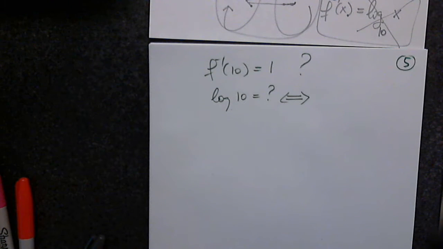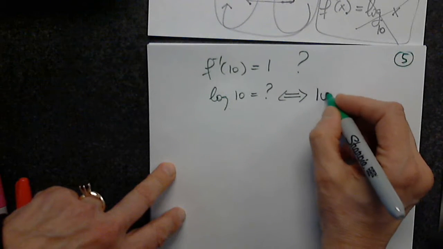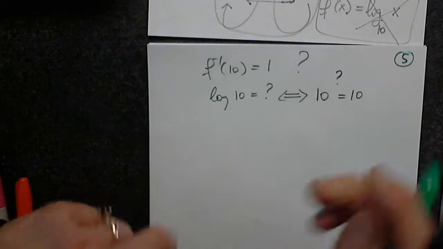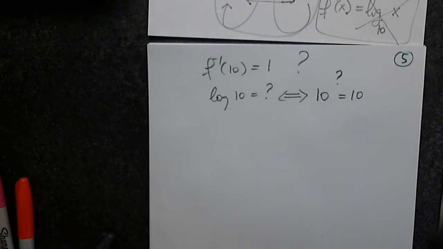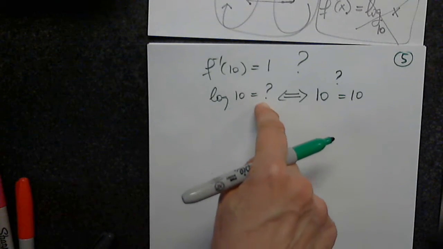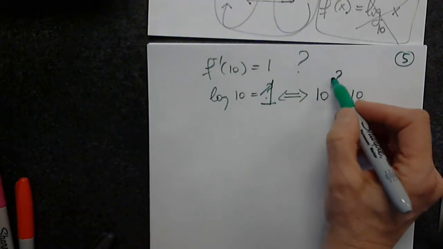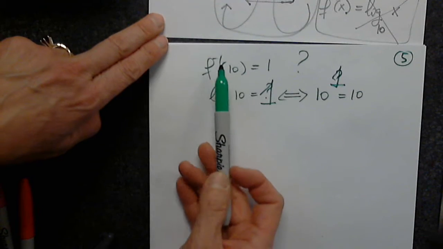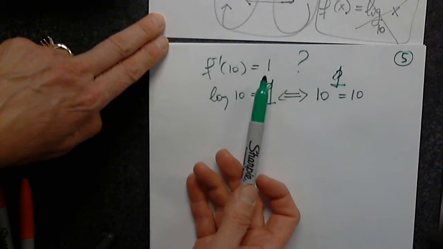Okay, so 10 raised to whatever is 10. So I'm going to write that because I don't know how to solve this. But I'll say, let me change it into an exponential equation. And now you will clearly tell me what the number should be. What? Yes. So indeed, f inverse of 10 is 1.